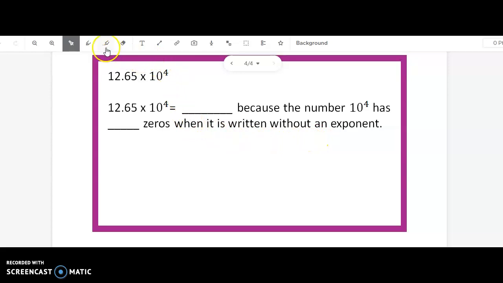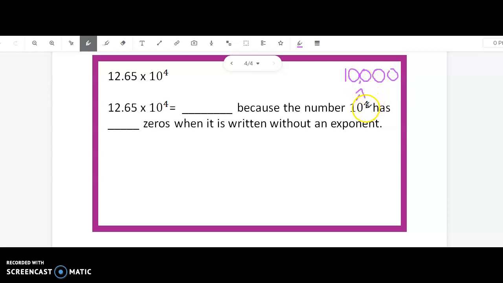All right, so let's do this. Let's find what 10 to the 4th power looks like when it's written without the exponent. Well, 10 to the 4th power is going to have 4 zeros, okay?